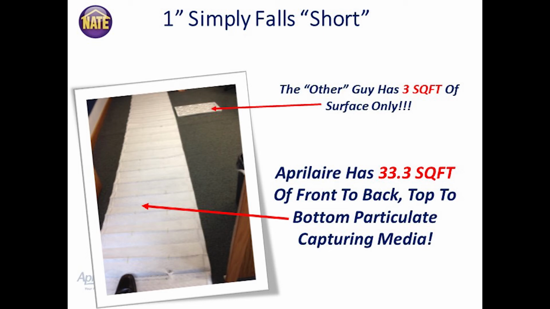So it stands to reason that if they're the same MERV rating, they're going to trap the same percentage of particulate. We're going to be able to hold a lot more particulate and still not have a restricted filter. That's why we can leave ours in for a full year and still deliver the amount of airflow that the HVAC system needs to efficiently heat and cool the home.